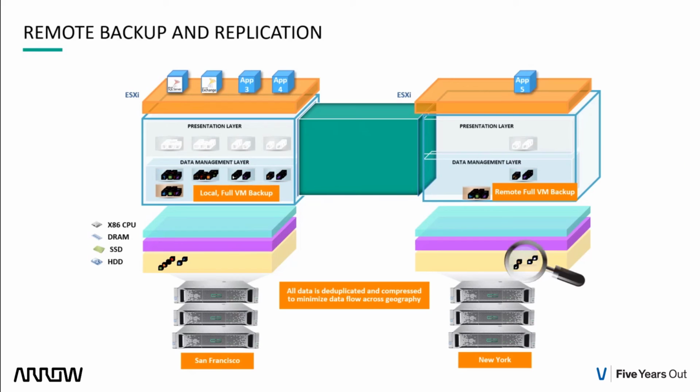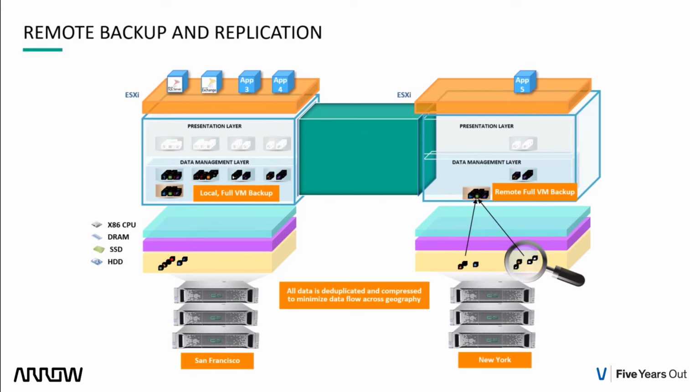The remote data center, in this case New York, will look at its shared resource pool to see what data at granular 8K it already has and what data it's missing. Then it's smart enough to only request the data that it's missing. San Francisco only sends across the unique data needed to complete the full logical backup on the remote site.